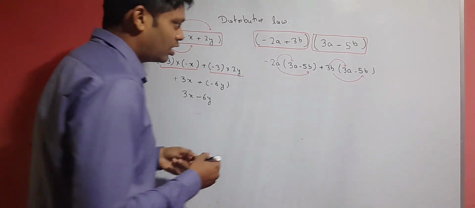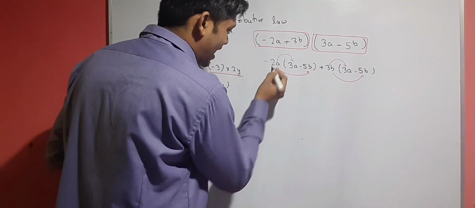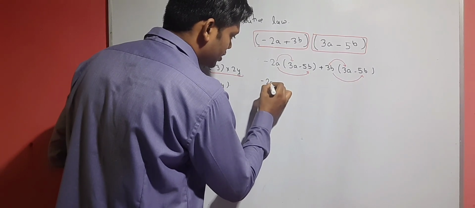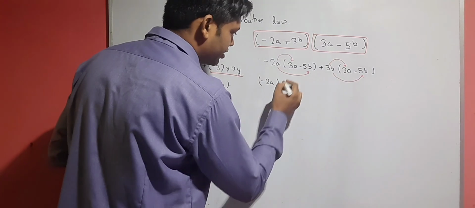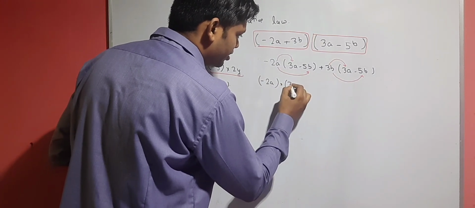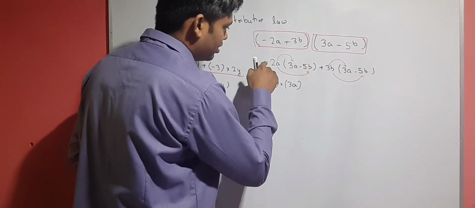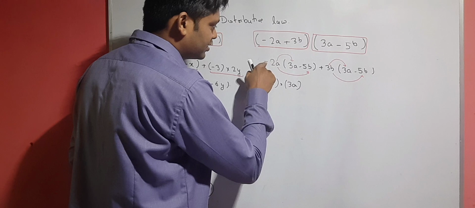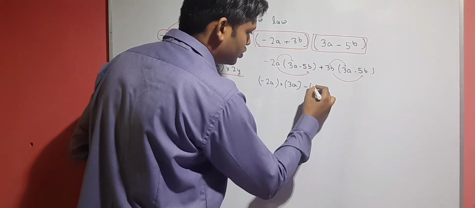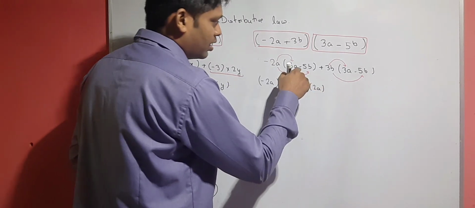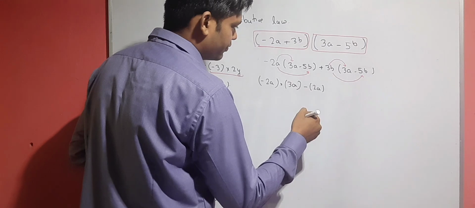Now I have to multiply this one first. So as it is, you copy minus 2a, and wherever minus is there, keep it in brackets, and this one into 3a, no minus sign. Closed. Again this one into this one, minus sign is there, so minus 2a, again minus 5b is there.